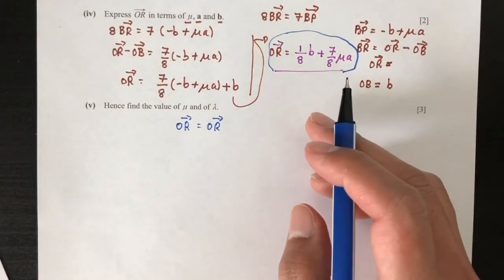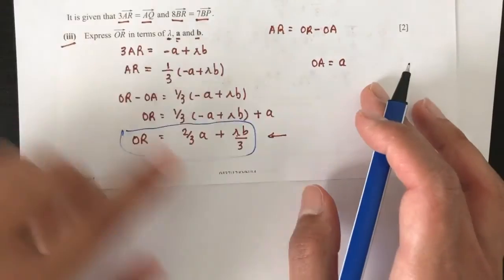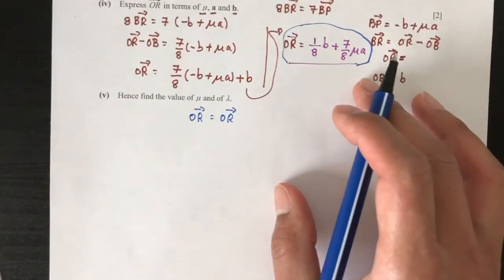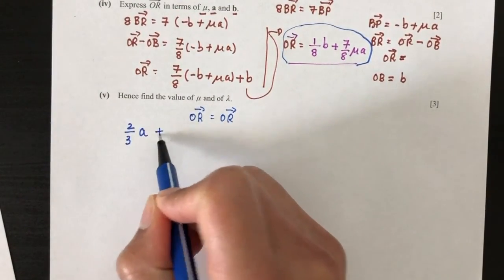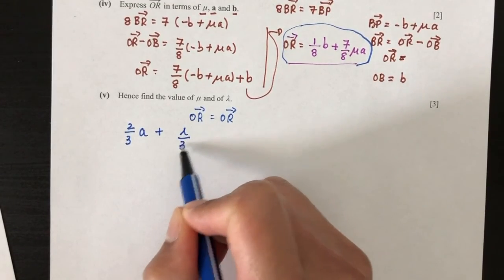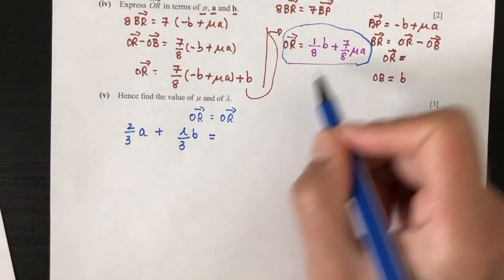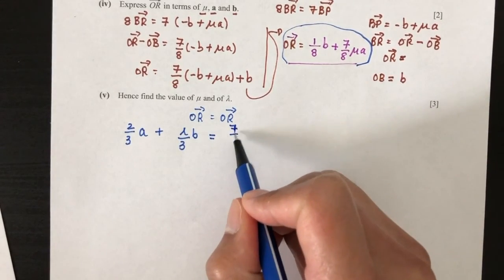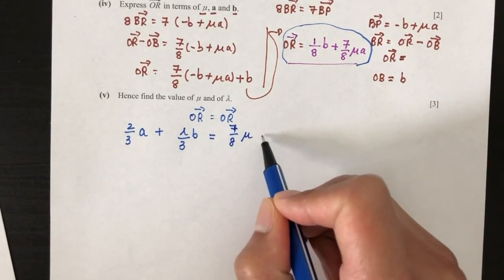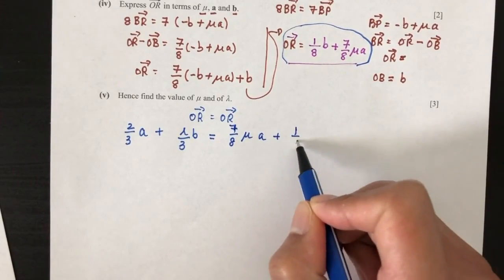On the first part we had 2 over 3 of A plus lambda over 3 of B is equal to this one, which is 7 over 8 of mu A plus 1 over 8 of B.